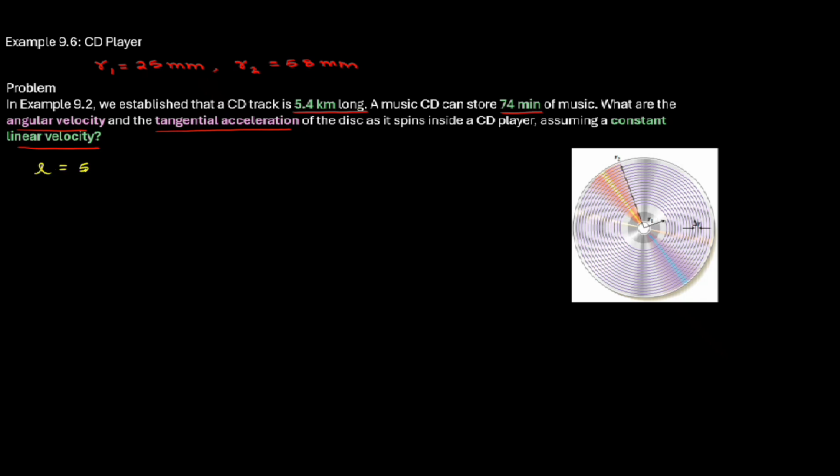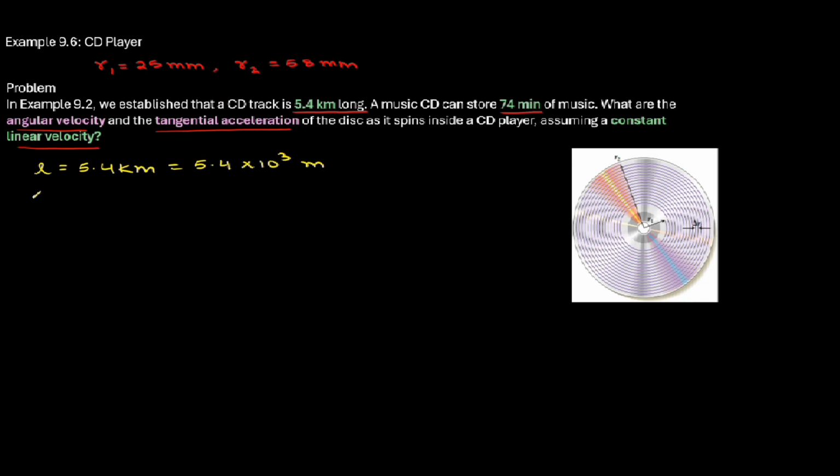as L equals 5.4 kilometer. Kilometer you can convert to meter by multiplying this term with 1000 or 10 to the power 3 meter. Then this music player can store music of 74 minutes.